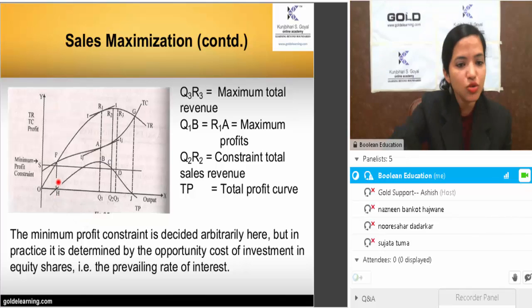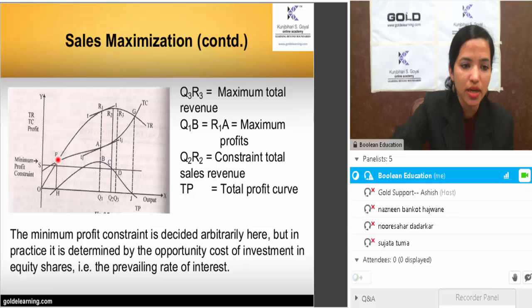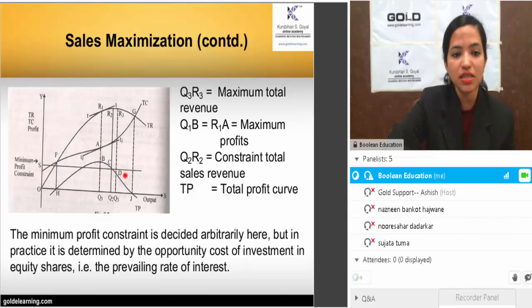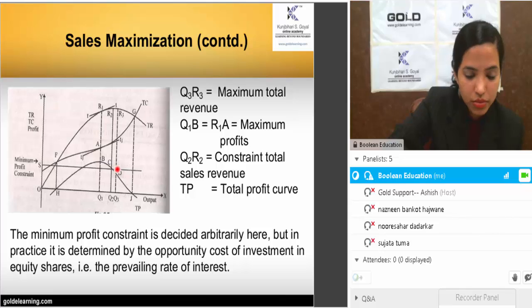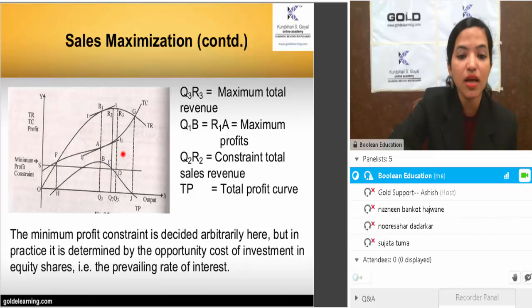That is, ये जो total profit का constraint हमने decide किया है, this S line जो है ना, this is the minimum profit constraint हमने decide किया. इससे कम we are not going to earn. इससे ज़्यादा ही हमको market में earn करना. And depending on this particular constraint, we will come up with our sales, कितना commodity sale करना, right?